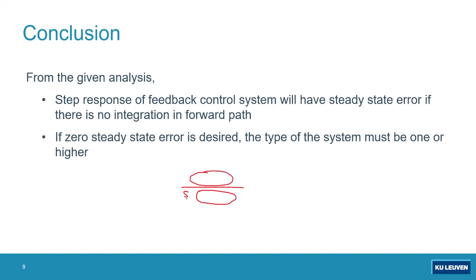So when I say there is no integration in the forward path, I'm referring to a type 0 system, because for a type 0 system, we don't have a pole that is equal to 0. If zero steady state error is desired, that means, as we have already discussed, the type of the system must be at least equal to 1. Because when the type of the system is equal to 0, we will always have a finite steady state error when a unit step input is given.